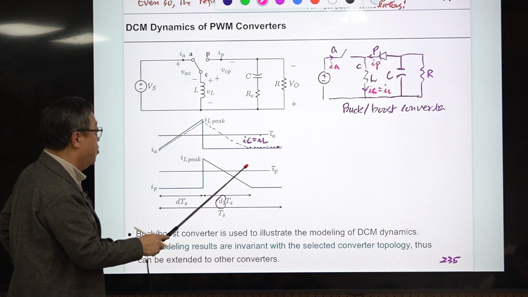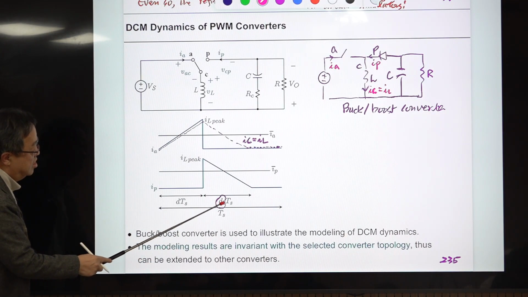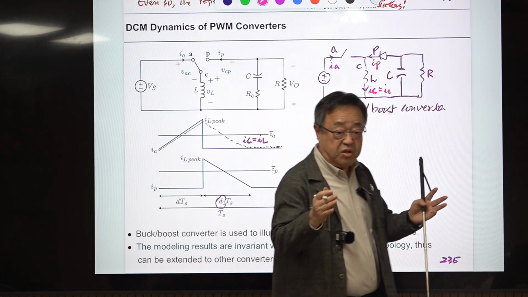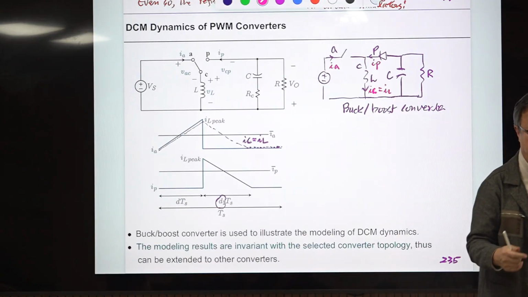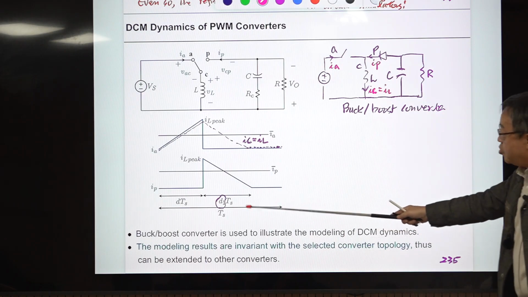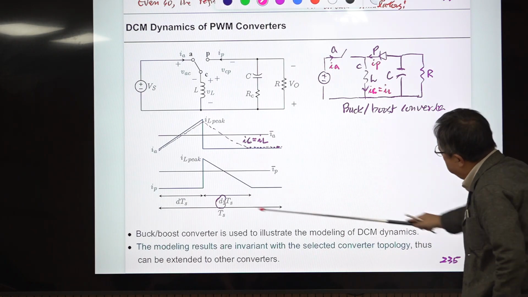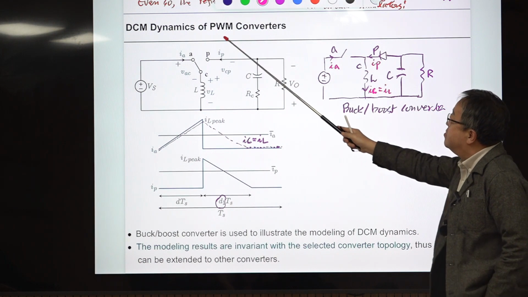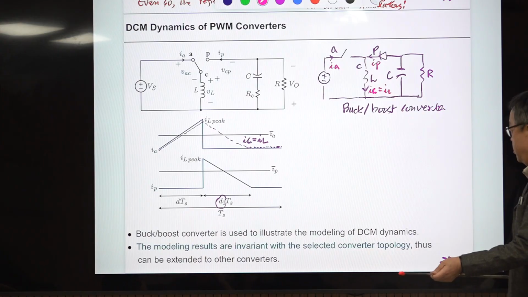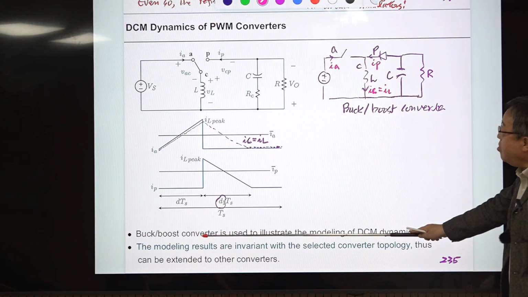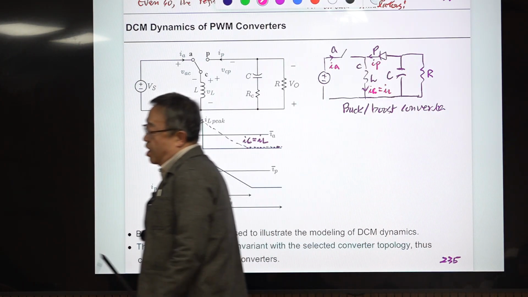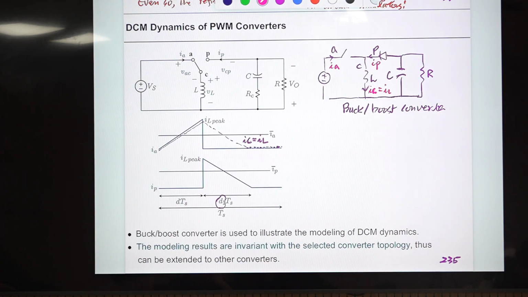So this is DCM operation, and we used this D1 in the past to specify the period in which the inductor current is existing. Okay, so we use the same notation, and we use this to derive the PWM switch model in DCM operation. So we are using the buck boost converter to derive this, but this result is invariant. Okay, it can be applied to all the PWM converters.